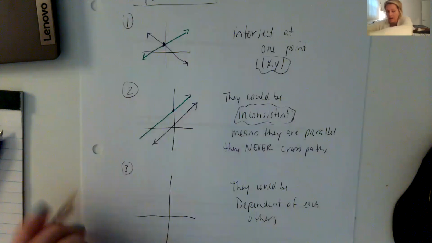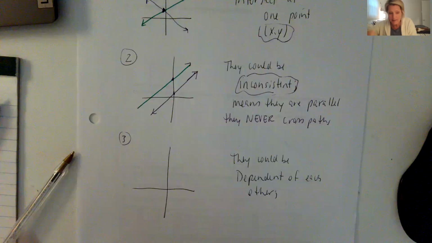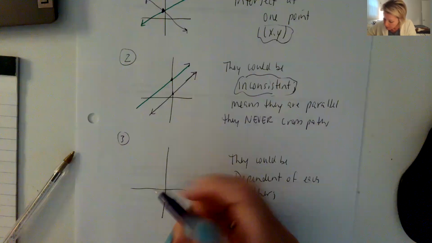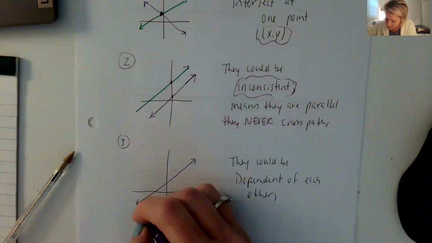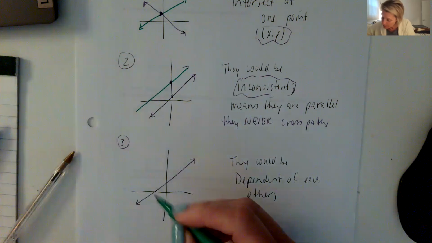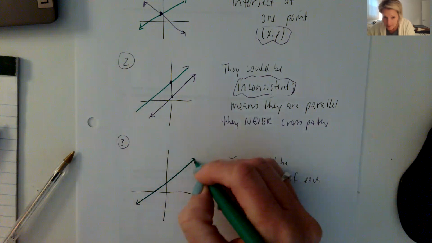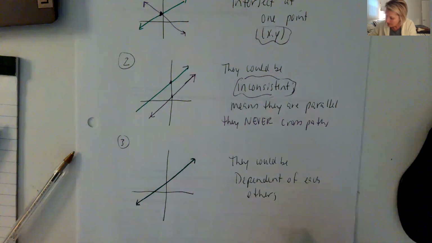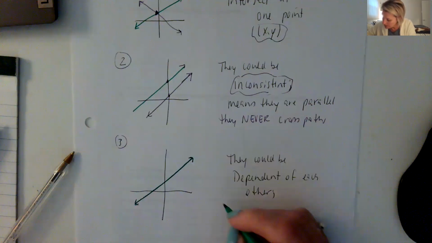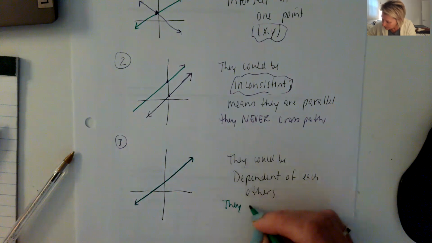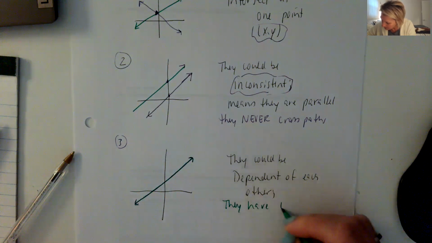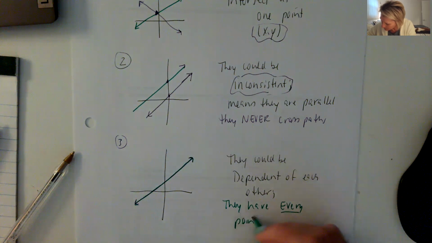What that means is that you draw the purple line and then you discover that the green line is exactly the same. So they're dependent on each other. They share every point in common.